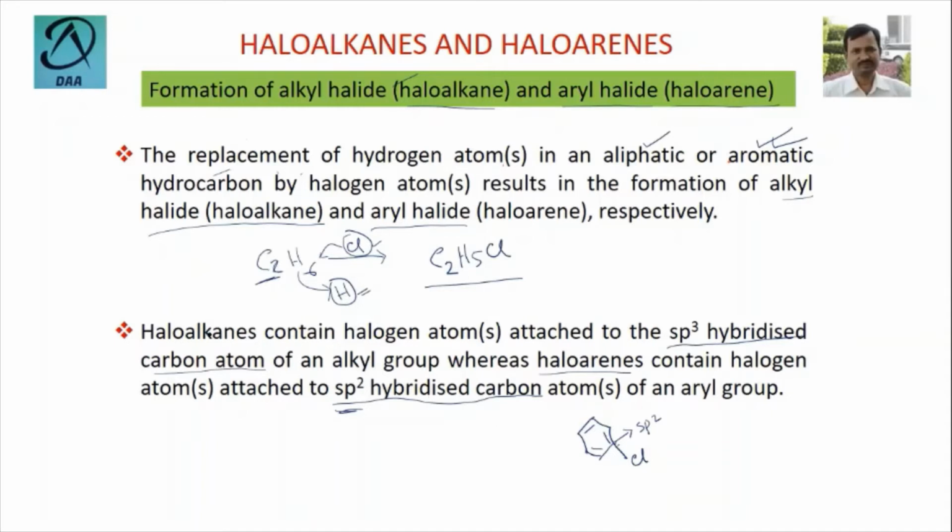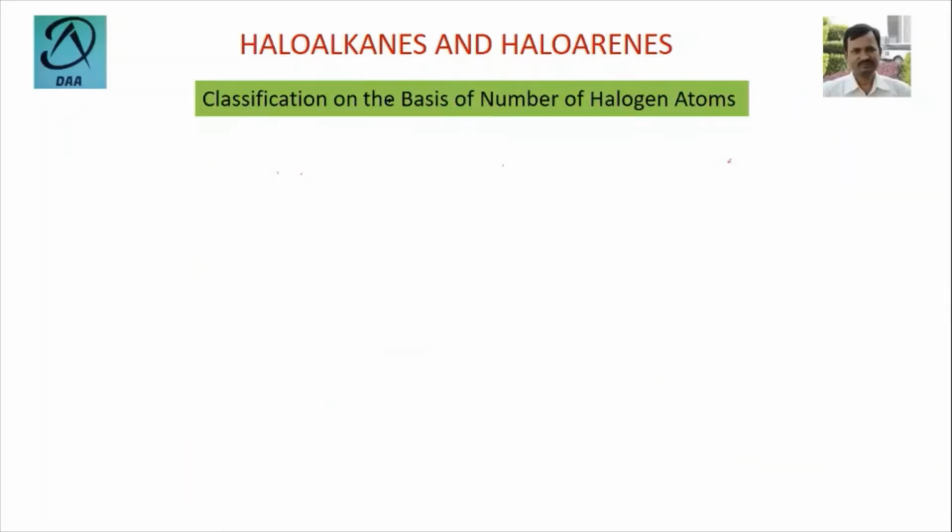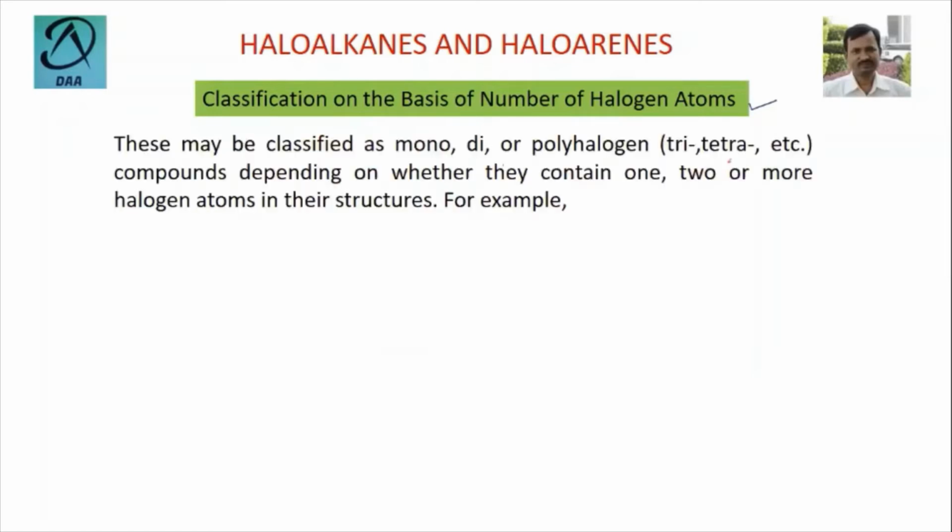But haloalkanes, which come from the aliphatic hydrocarbon, are sp3 hybridized, obviously saturated aliphatic hydrocarbons. Now, classification on the basis of the number of halogen atoms. It is possible that one halogen atom is attached, two halogen atoms, or three halogen atoms, and on that basis we can classify the haloalkanes and haloarenes.